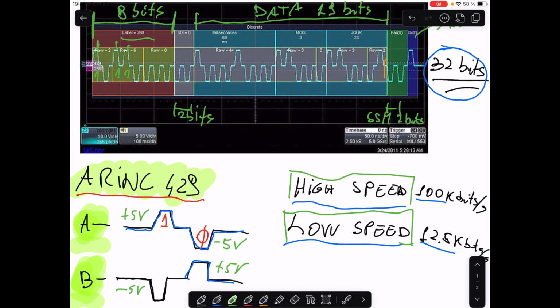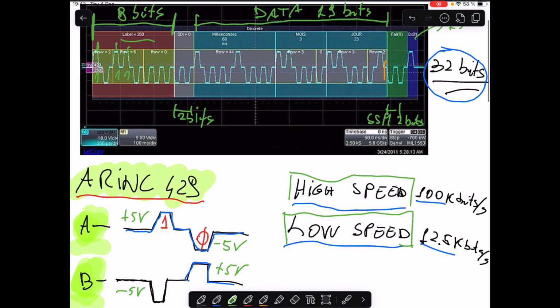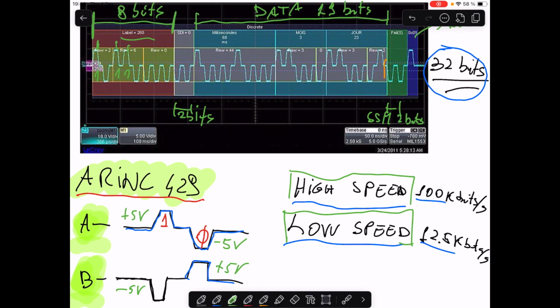In the last month, I developed a decoder which can decode from a stream of ARINC data the label, the SDI, the data, the SSM, and can also check the parity.